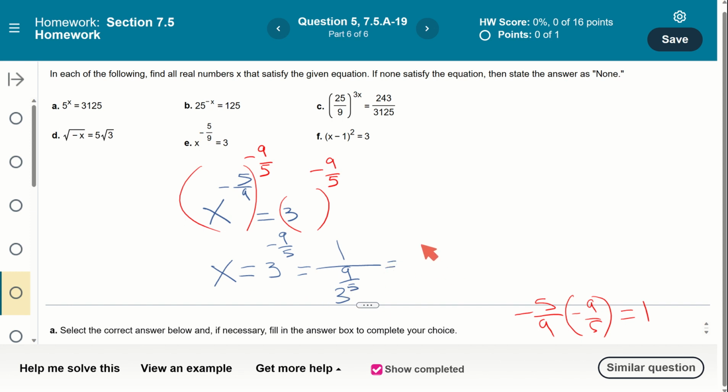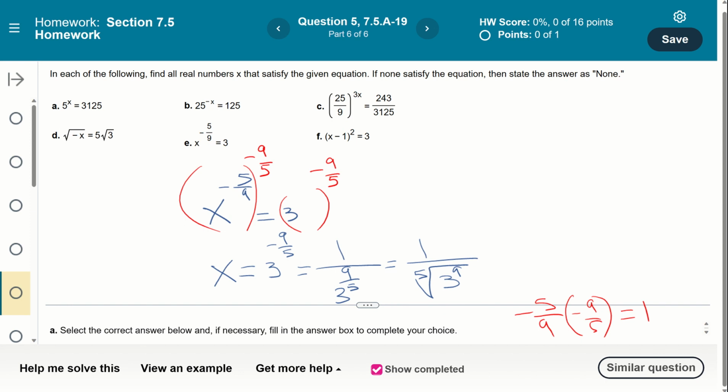So if you remember, we can go ahead and write this as a radical. How? Well, the denominator is going to be the index, and I'm going to get 3 like that, and then to the power of 9.